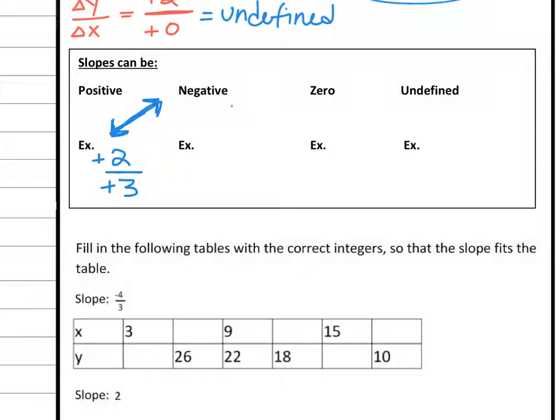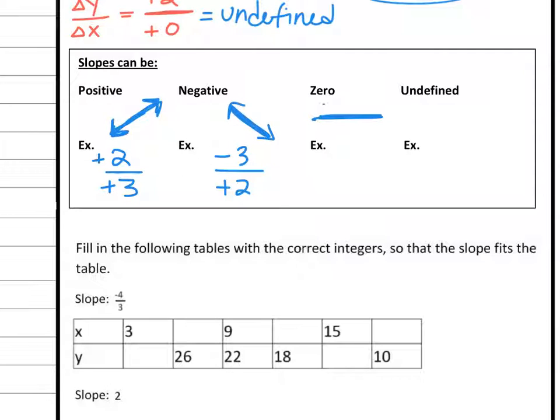Negative would be if the line is going down, and if that's represented by a table, it should have a negative number with it, like negative 3 over positive 2. That's going to be a negative slope. Slopes aren't always fractions. Sometimes you'll see them as just one number, but you can always make that into a fraction.